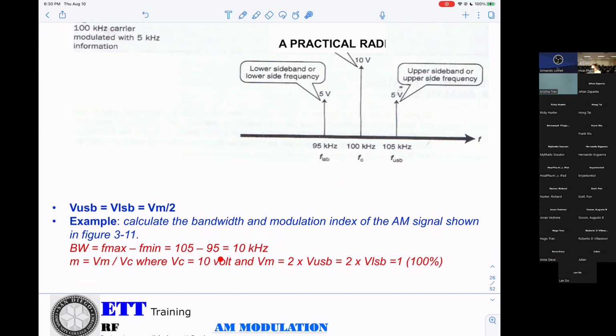VC equals 10 volts. VM equals 2 times V upper sideband, or 2 times V lower sideband, equal to 1. That means 2 times 1 over 2.